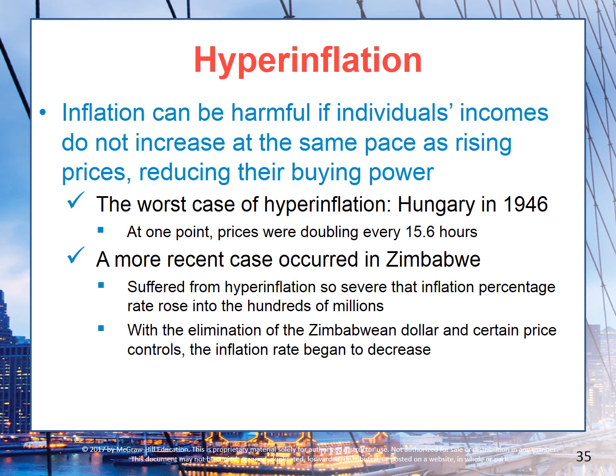Inflation can be harmful if individuals' incomes do not increase at the same pace as the rising prices, which would of course reduce buying power. The book talks about the worst case of hyperinflation, which was in Hungary in 1946. At one point, the prices were doubling every 15.6 hours.